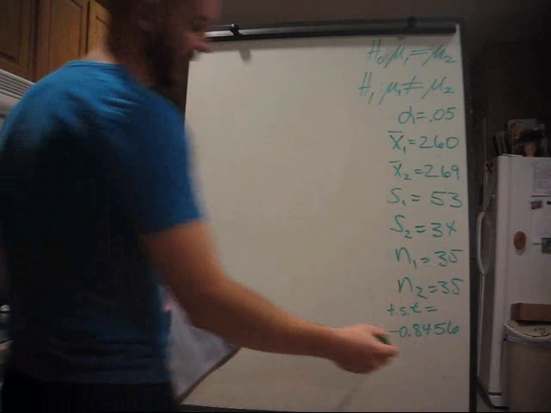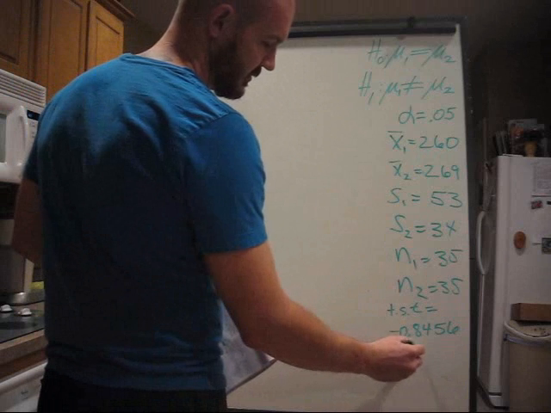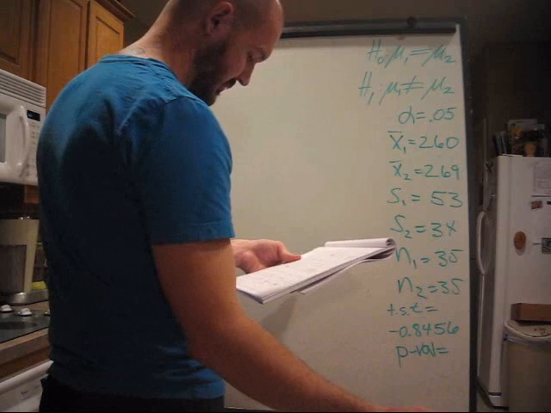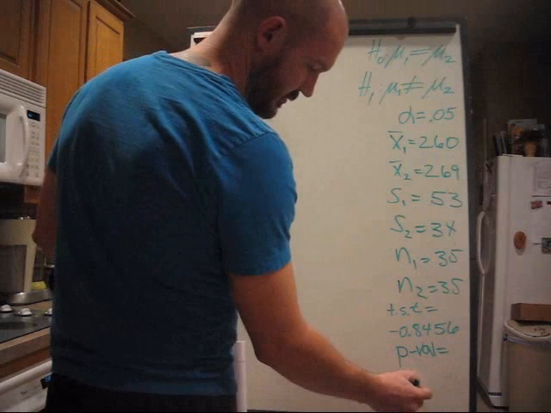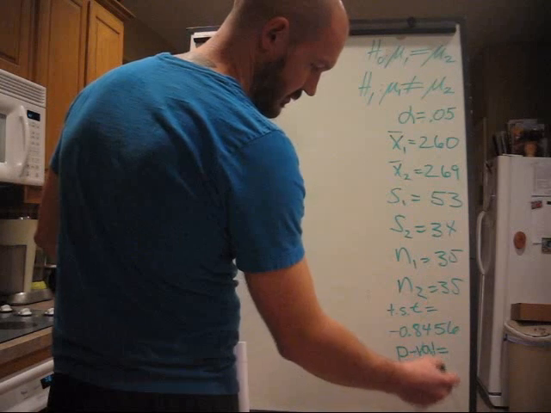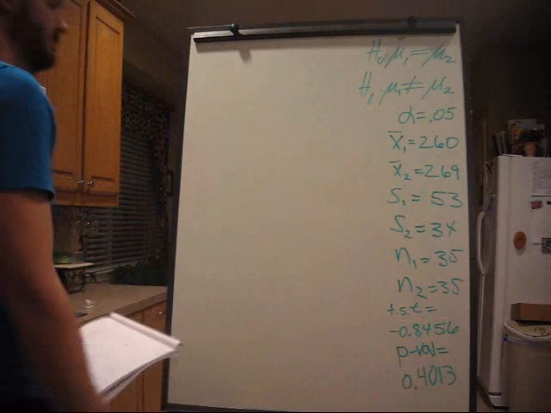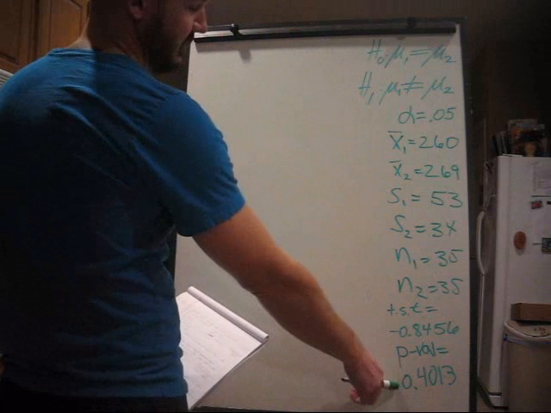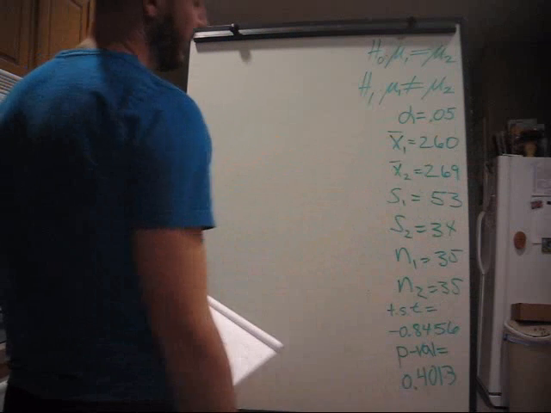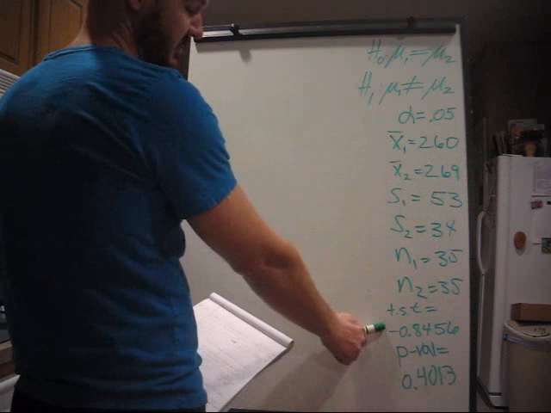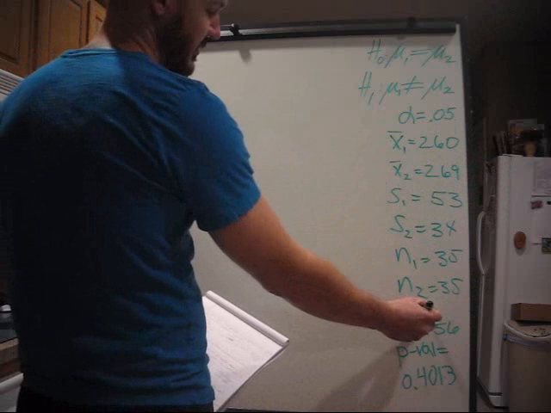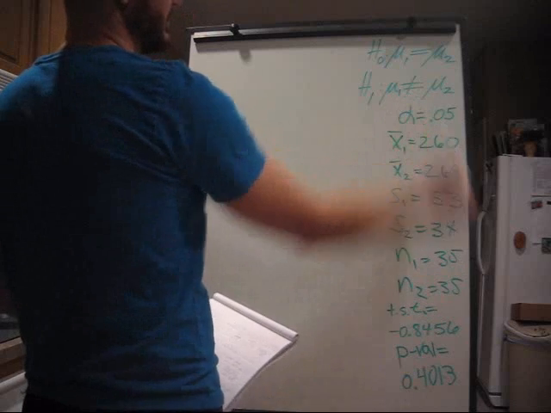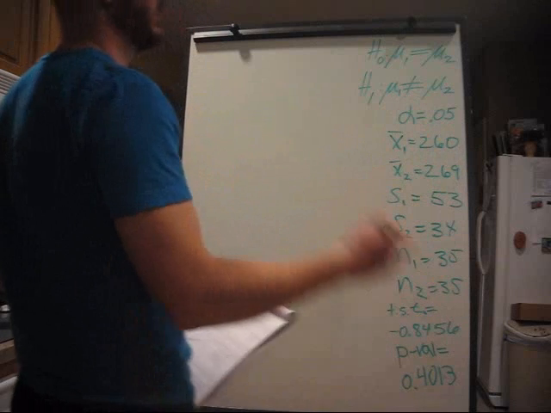It's going to give you a p-value as well, of 0.4013. So we can already see that the p-value is greater than the alpha. We don't know anything about the test statistic t yet because we haven't found the critical values. Since it's not equal to, it's going to be a two-tailed test.